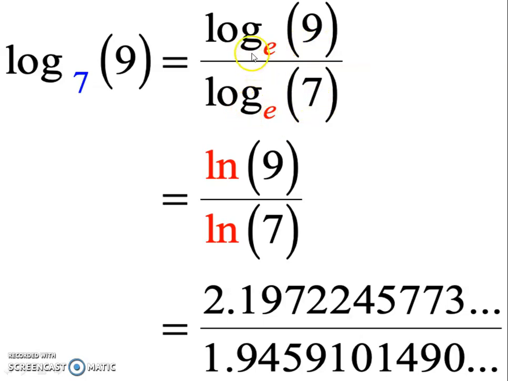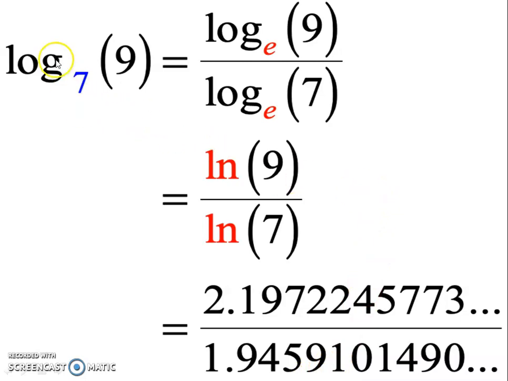We know that log to the base e is denoted by ln. So ln 9 upon ln 7. This can easily be calculated by calculator: ln 9 gives the value 2.1972245 and ln 7 gives the value 1.9459.